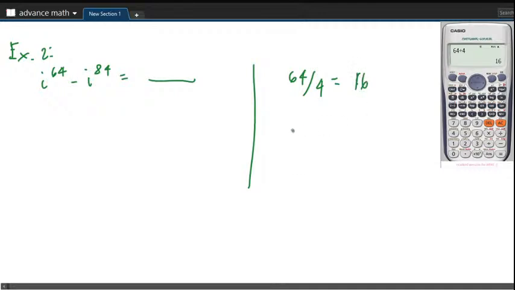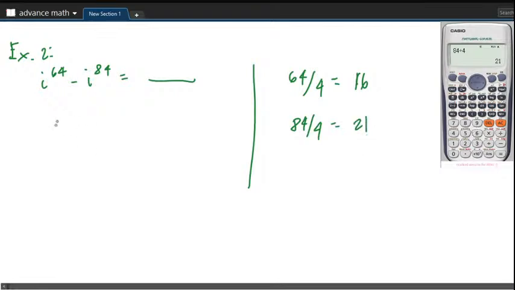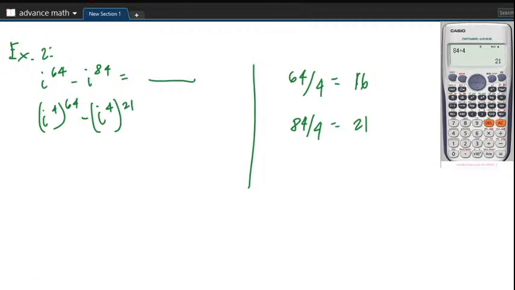And 84 divided by 4 is equal to 21. So we could write our given as I raised to the power of 4 raised to the power of 16 minus I raised to the power of 4 raised to the power of 21. No, this is a 64 but 16.